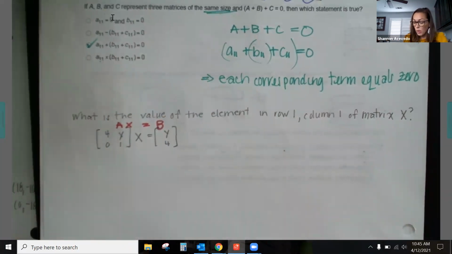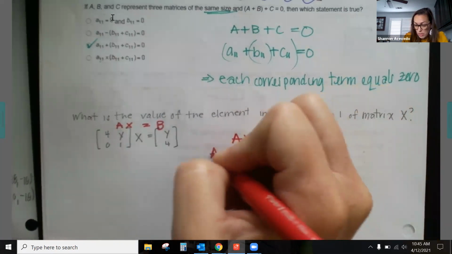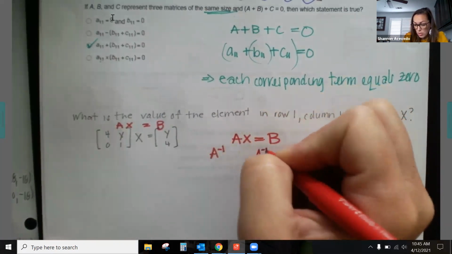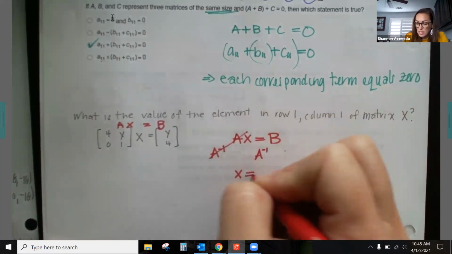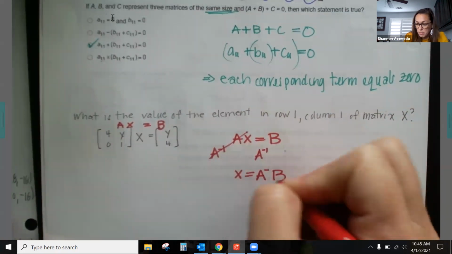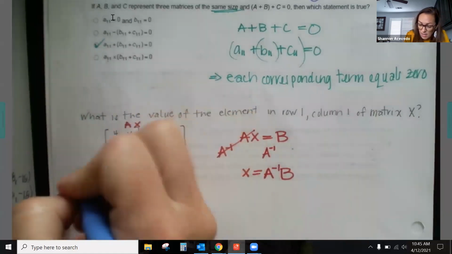If I want to get rid of this A so I can solve for X, then remember we take the inverse, and what I do to one side, I do to the other, so that my A inverse times A cancels out. So X is equal to A inverse times B.